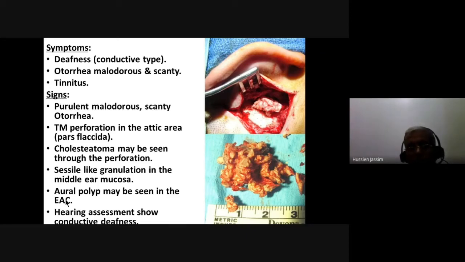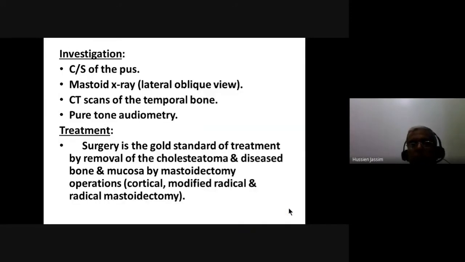Hearing assessment we of course do; we see conductive deafness, and sometimes we also see sensorineural deafness in addition to the conductive. Investigation: we also have to do culture and sensitivity. This is very important before we give antibiotics, so that we give the antibiotic directed toward the microorganism.